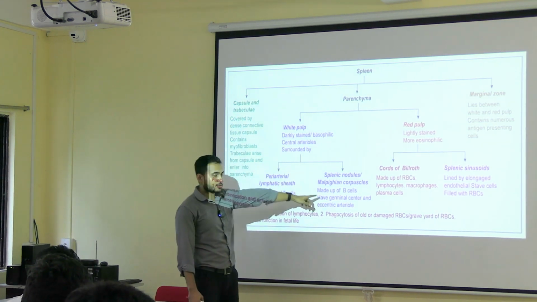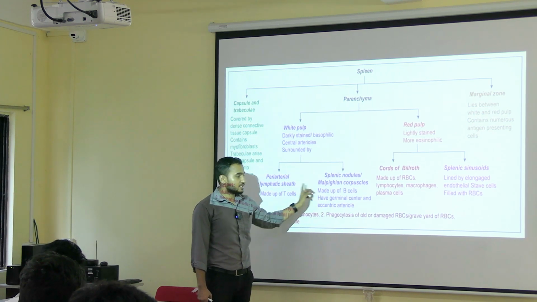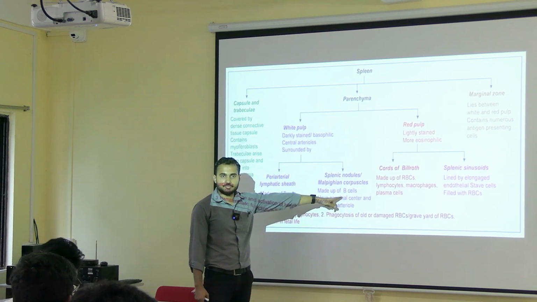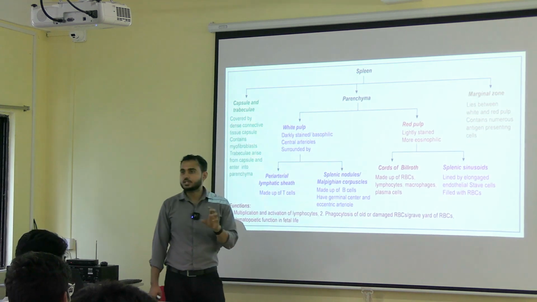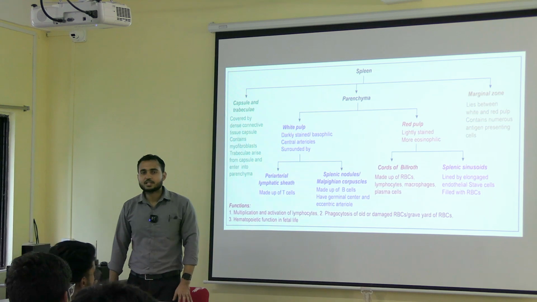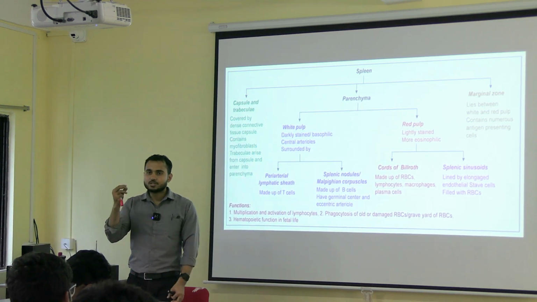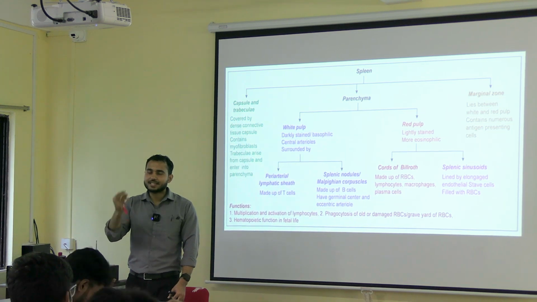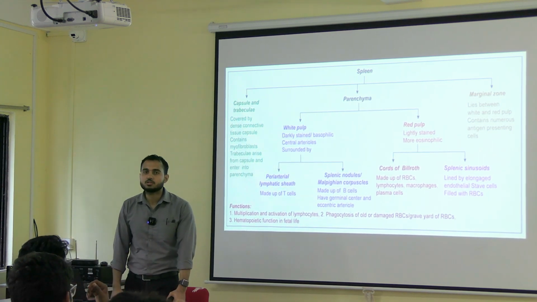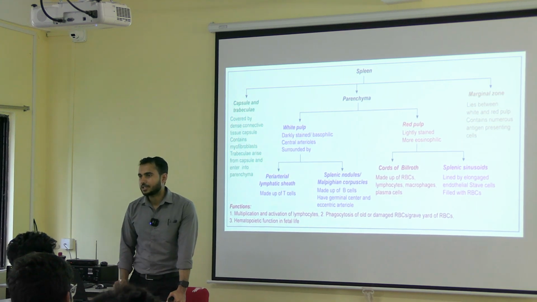If the spleen is exposed to any antigen, at that time a germinal center will appear, where instead of T lymphocytes you will get B lymphocytes. In the appearance of the germinal center, the center part will be brighter and the peripheral part will be dark. Why? Because at the center, the cells which are forming are immature lymphocytes. Okay, that is the appearance of the germinal center.